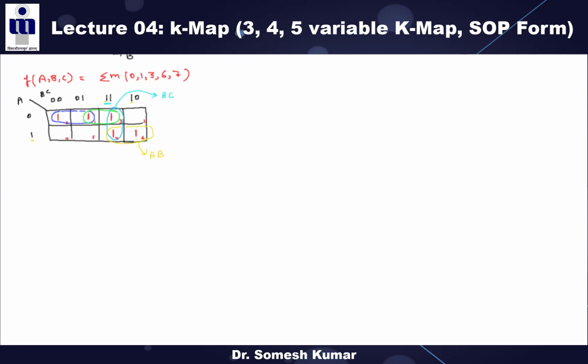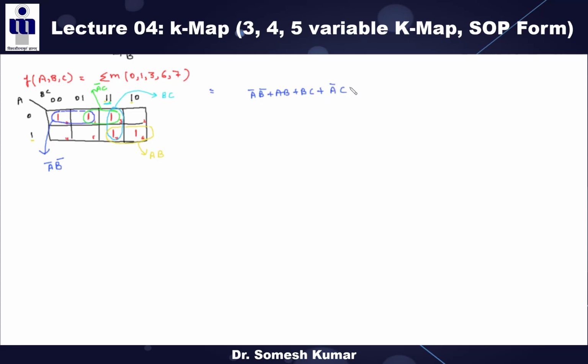Now, from this green, which one is common? A bar, and from this is your C, right? And from this blue one, which one is the common term? A bar, B bar. So what is the answer? What is the minimized simplified function? A bar B plus AB plus BC plus A bar C, right?